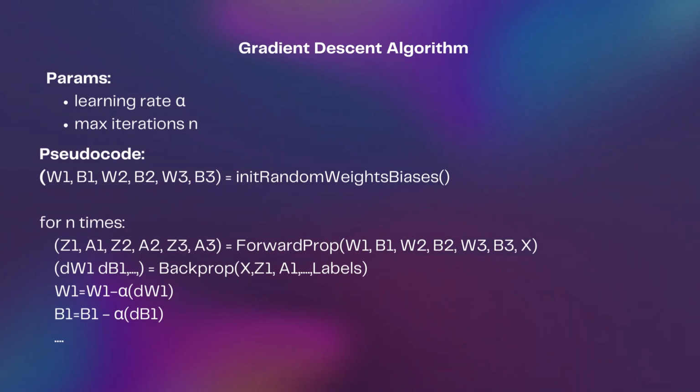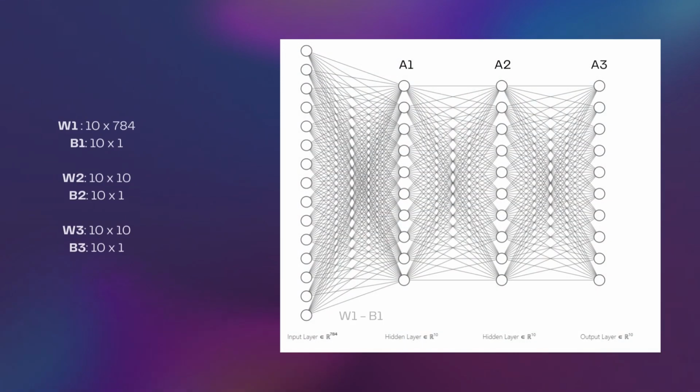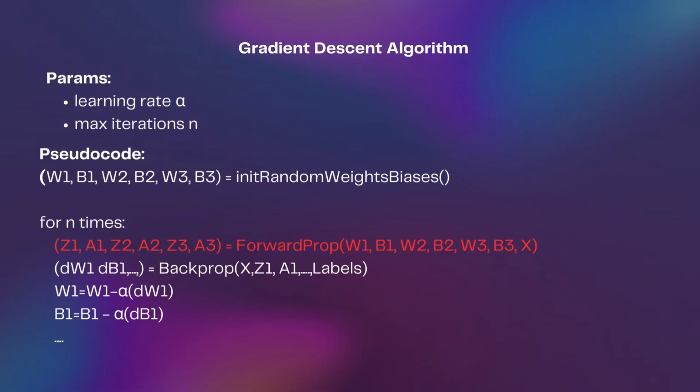In order to train the network, we will use gradient descent as we have seen, where initially the weights and biases will be randomly generated. W1 will be a 10 by 784 matrix, B1 a column vector of 10 elements, one for every unit, W2 and W3 10 by 10 matrices, and B2 and B3 two column vectors of 10 elements as well.